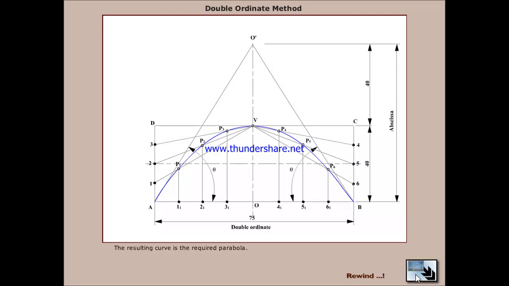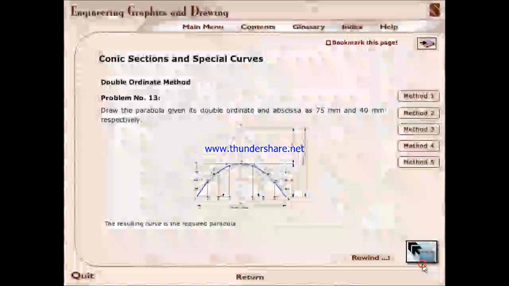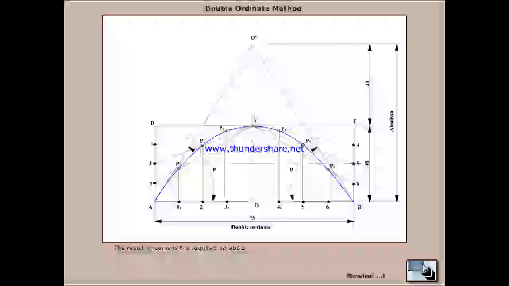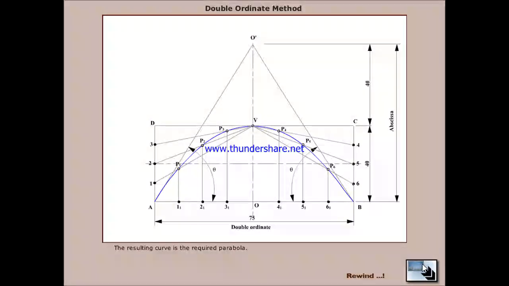This is the double ordinate method. Abscissa.